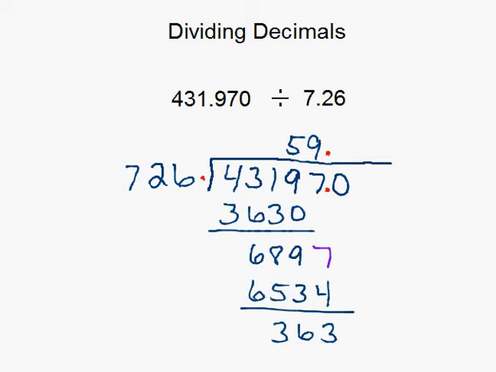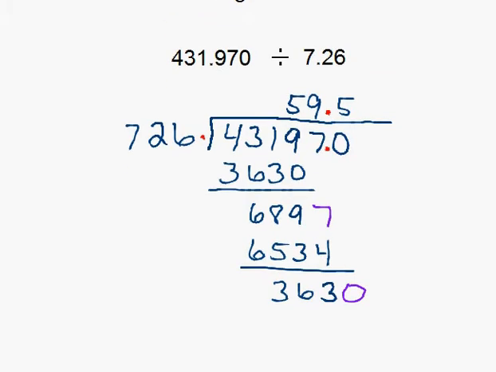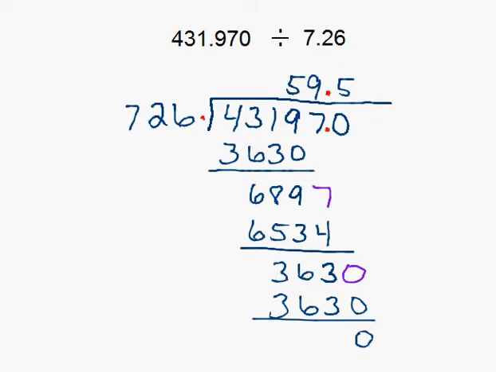So let's bring down our 0. Now, 726 goes into 3,630 5 times. And 726 times 5 is 3,630. Our final answer is 59.5.